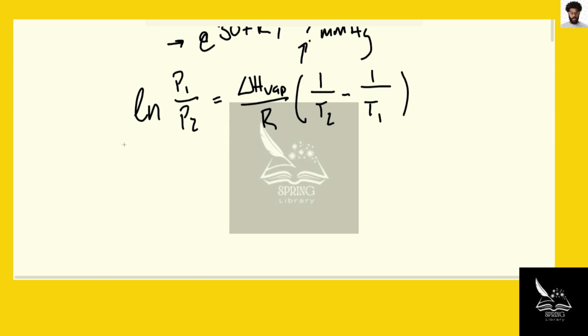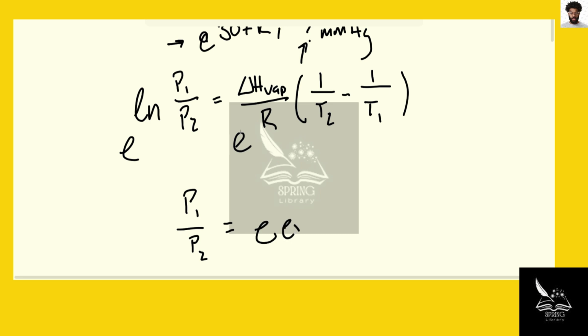If we have something in a logarithm and we want to get it out, we can exponentiate. That is, we take both sides of the equation and raise e to those sides, because e raised to the natural log of something is just that something. So we get P1 over P2. And over here, instead of writing e raised to the, I'm going to use a symbol that represents that fact.